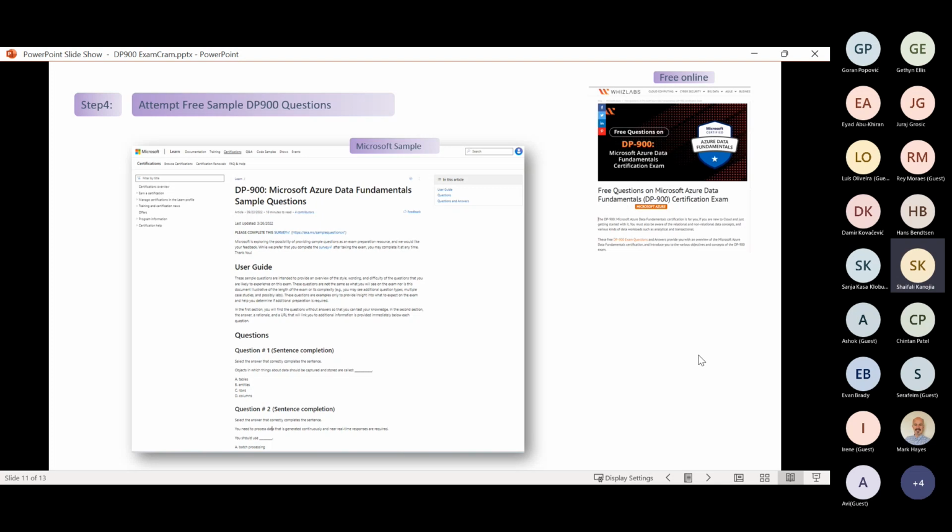But definitely attempting a sample question is very important, because this is the best assessment that you can get. It's a very common advice, and it also applies even if you haven't learned anything, you can put this step as a first step.